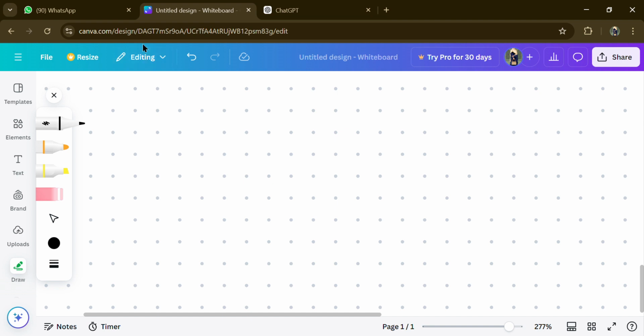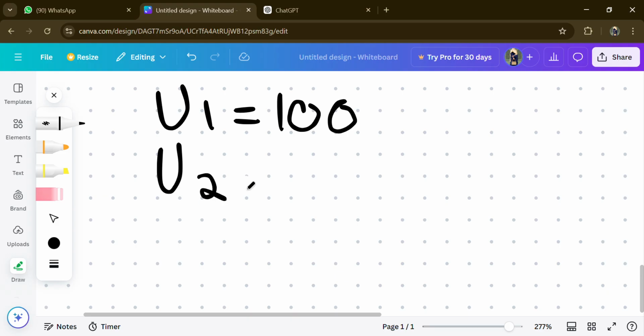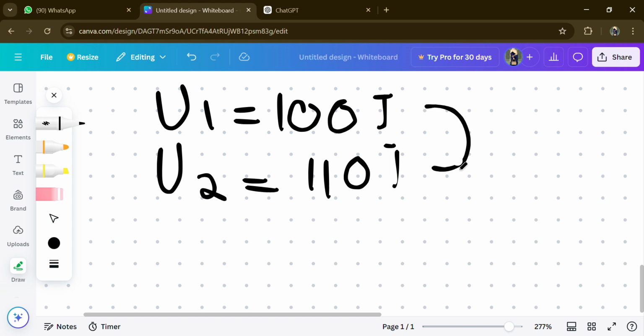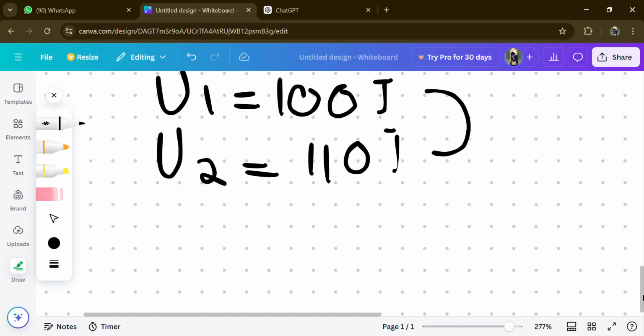Just suppose for a while that U1 is equal to 100, then U2 is equal to 110, in joules in both situations. Now we have to see what makes U1 move to U2.